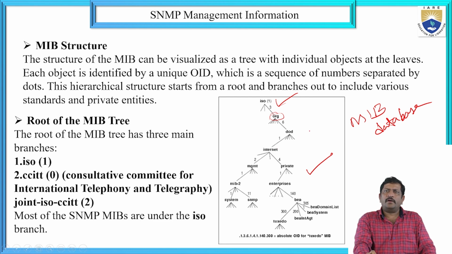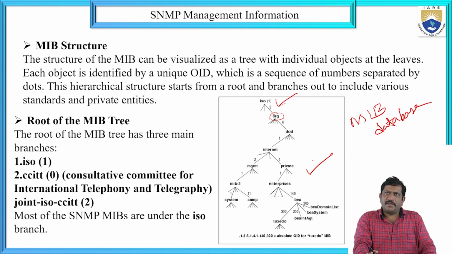Storing data in a database can be represented in hierarchical form. Hierarchical representation is the most important in SNMP management information. These hierarchical, tree structures are the structure in the MIB.